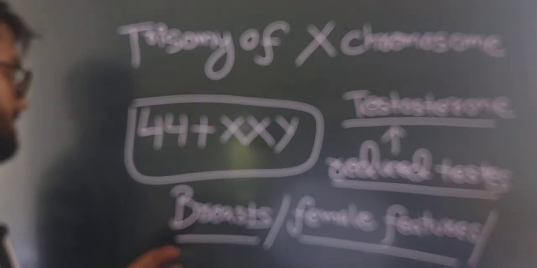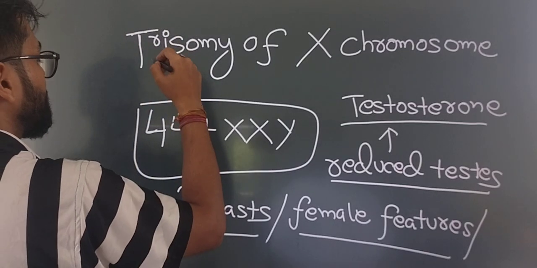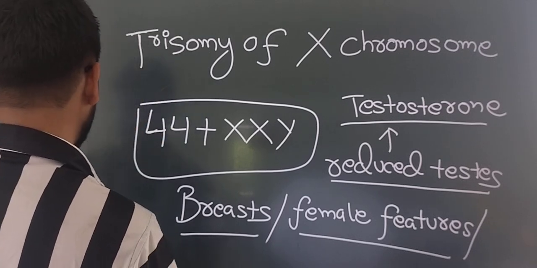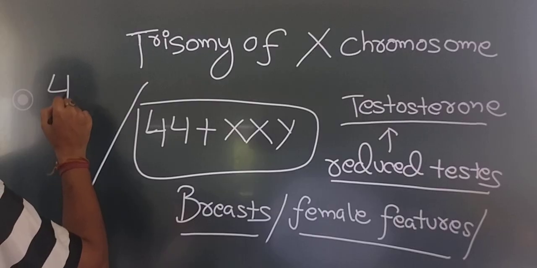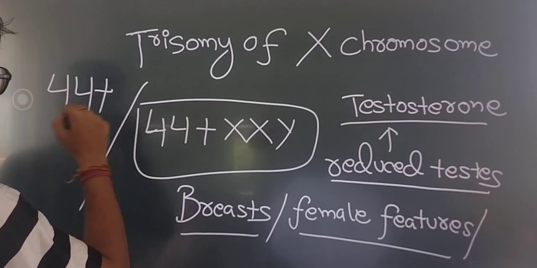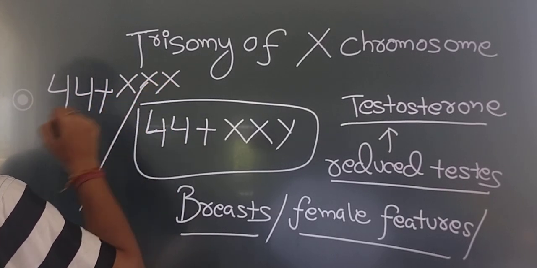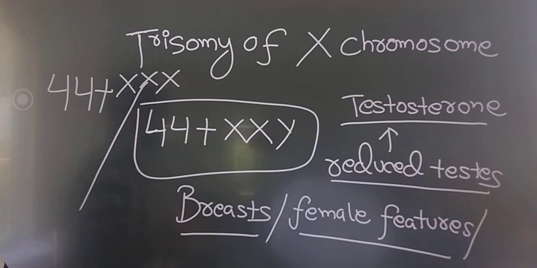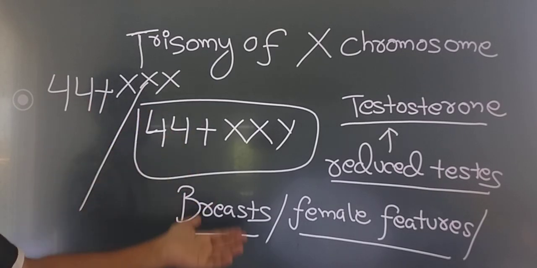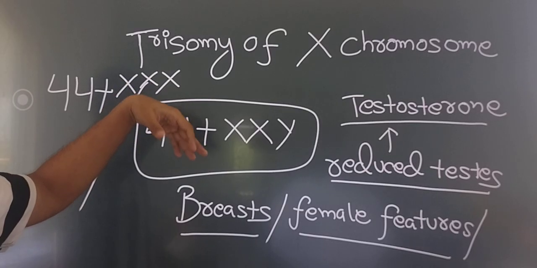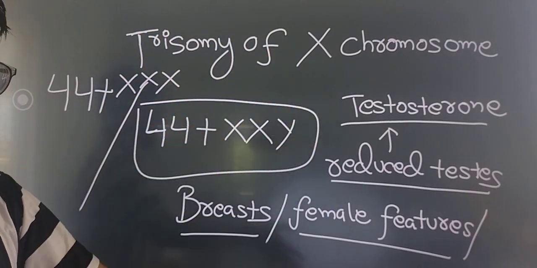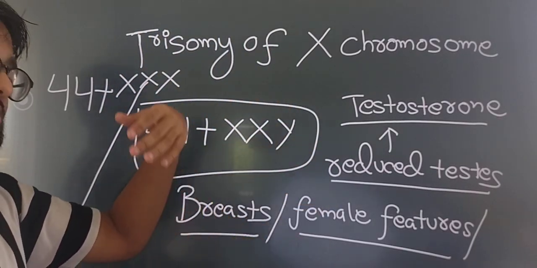Okay, there is also something called a super female. What is this super female? It is simply trisomy, but in case of females, XXX. We can simply say that this is also a super female. Although you may think that since it is already XX and another X, it will give her more feminine characteristics, it's actually the opposite.